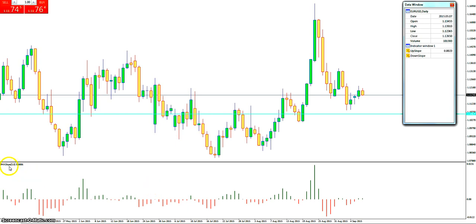JMA is a special kind of non-lag moving average. The full form of it is Zurich moving average. But this indicator is not plotting the moving average as such. It is plotting the slope of the moving average. So for example, this is 5-period moving average slope.